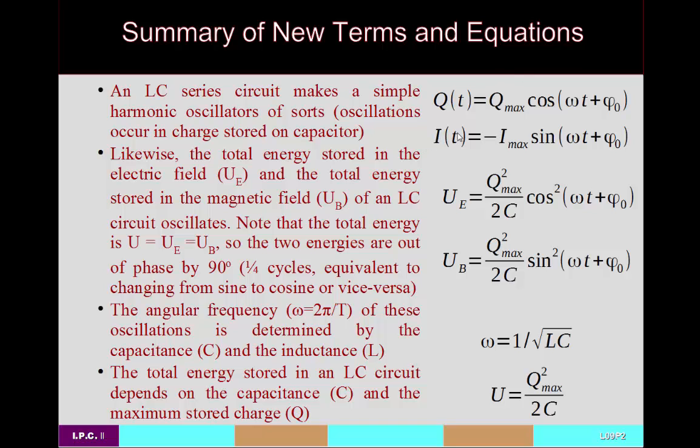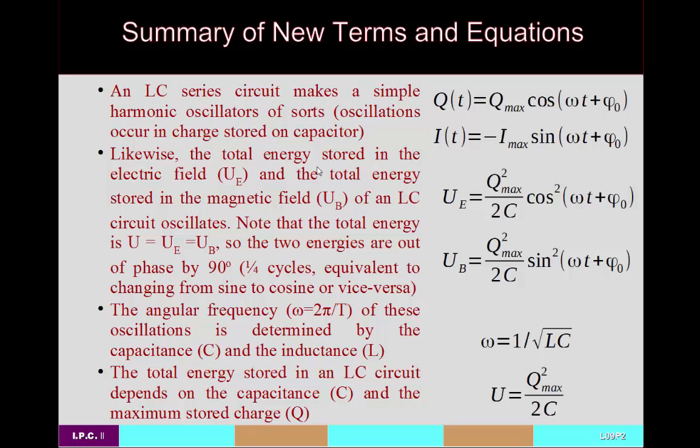That makes sense because you can treat it as if all the charge is on the capacitor itself, and that's all the charge that can make up the current. So when there's zero charge on the capacitor, all the charge is in motion, and therefore you have a maximum current. And when all the charge is on the capacitor, there is zero current left in the circuit to move, and hence you have zero current.